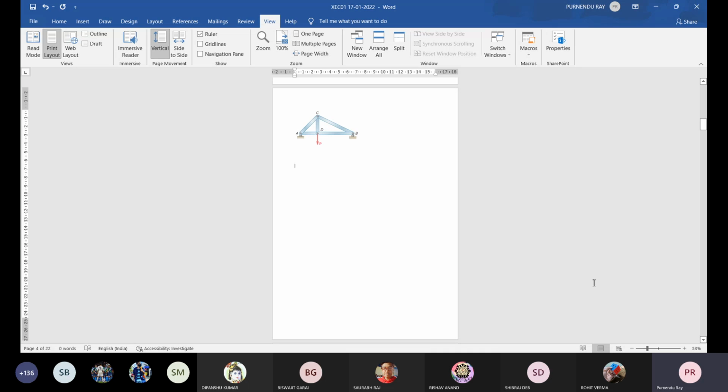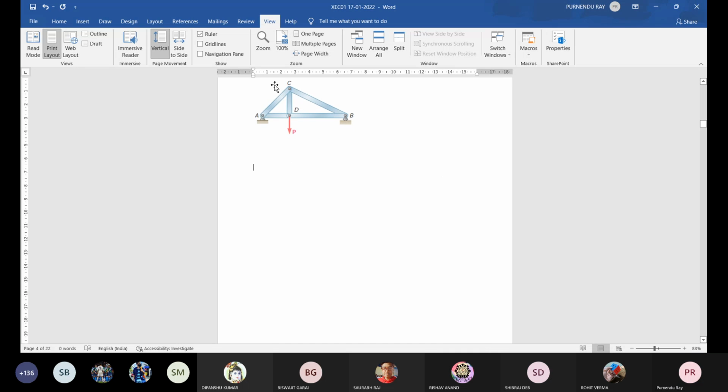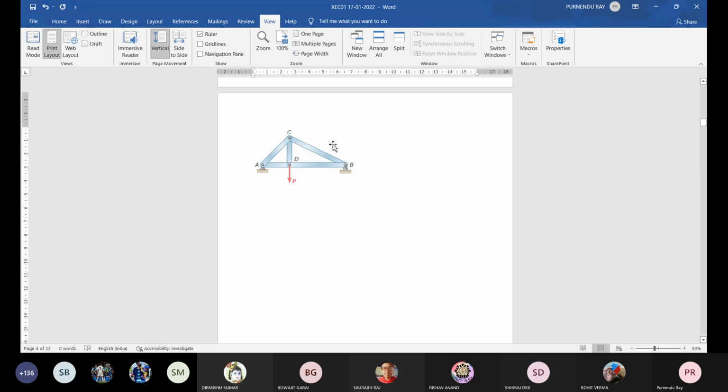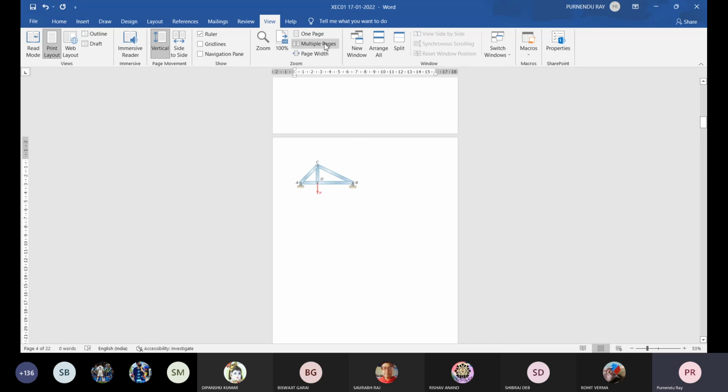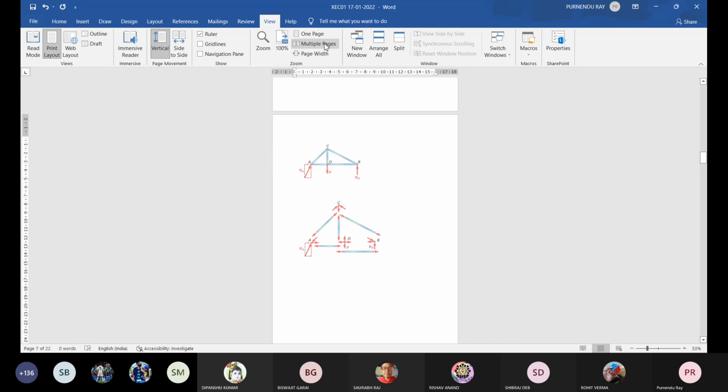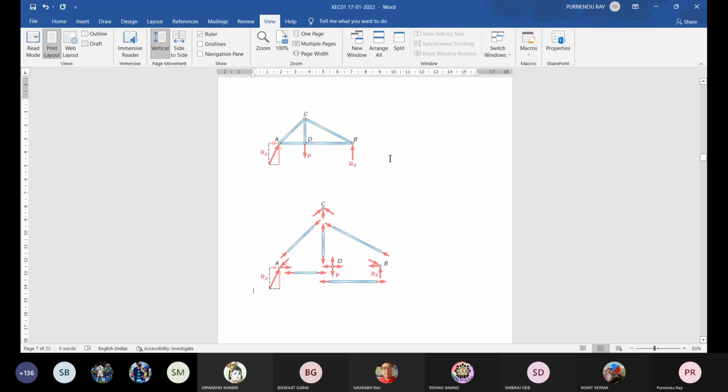Then this was the original problem. Next thing was these individual free body diagrams for the members and the overall structure.